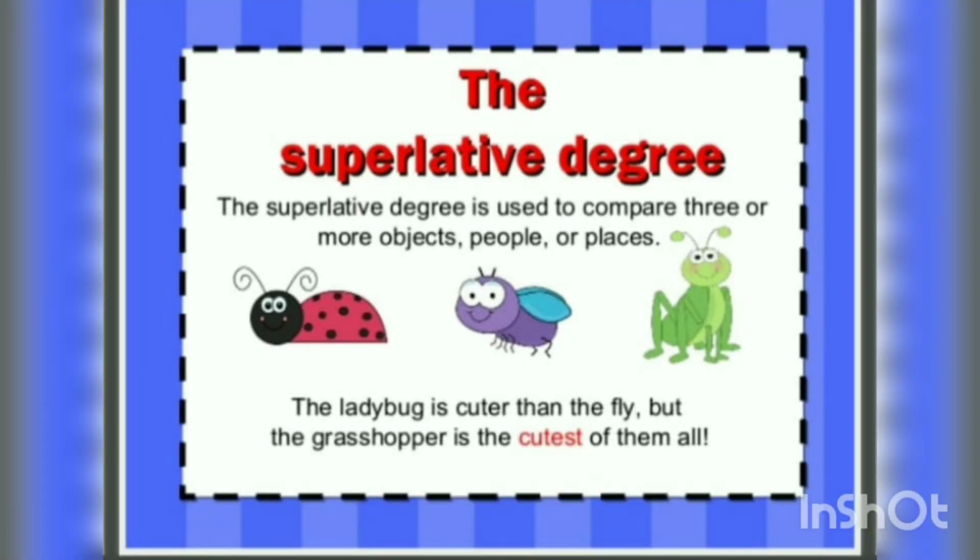The superlative degree now. The superlative degree is used to compare 3 or more objects or people or places. The ladybug is cuter than the fly, but the grasshopper is the cutest of them all.